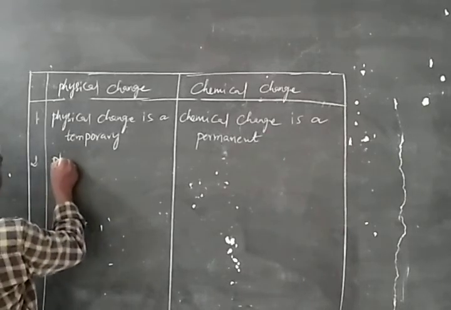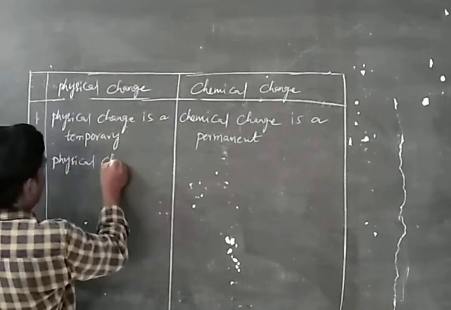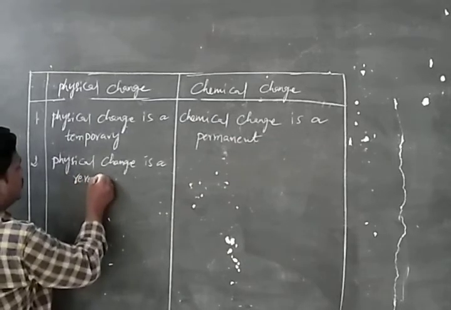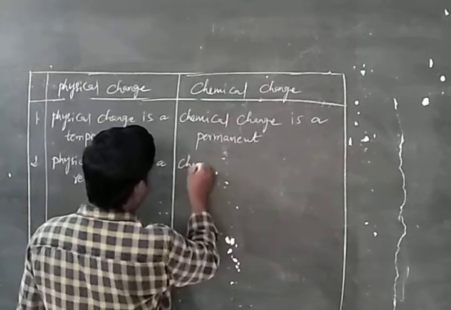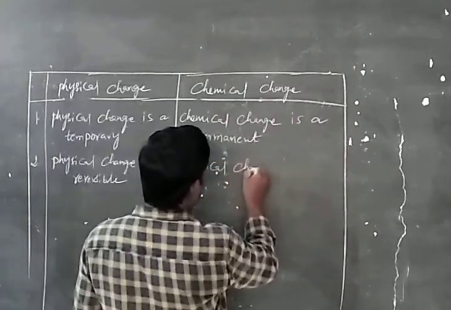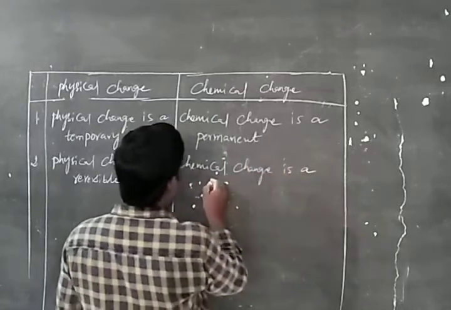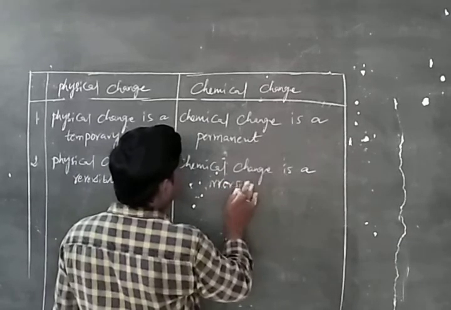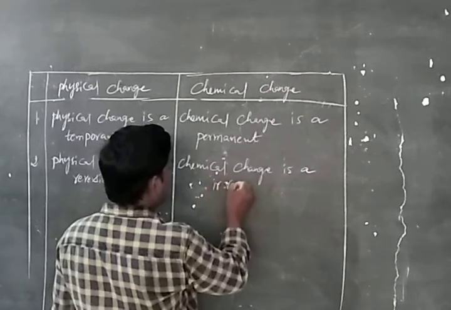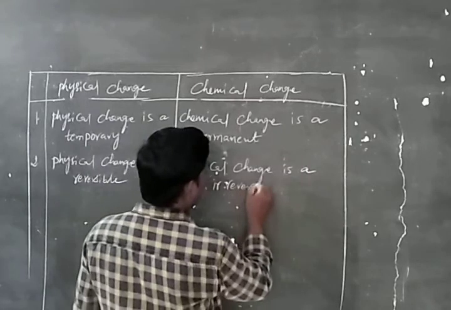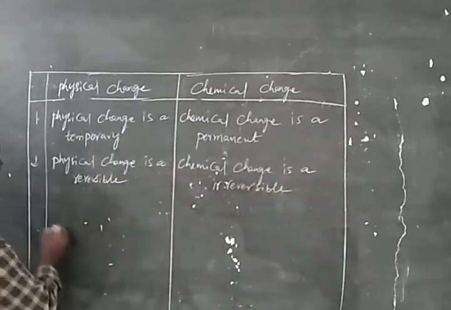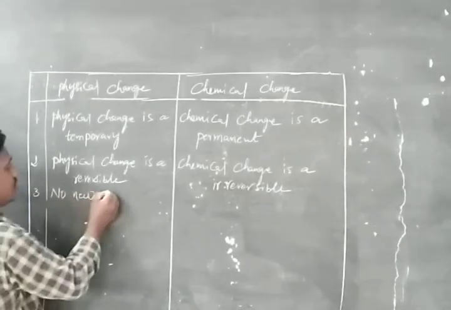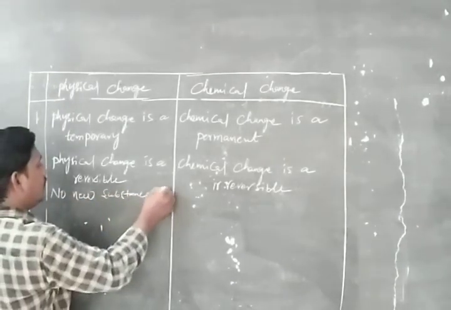Physical change is reversible, and chemical change is irreversible. In physical change, no new substance is formed.